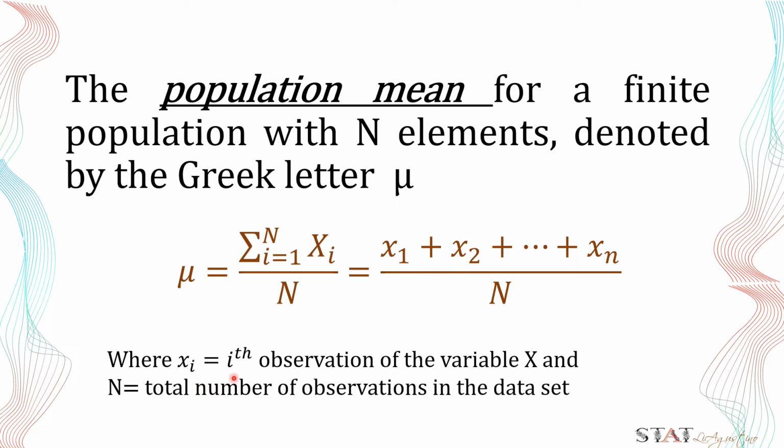Here xi is the ith observation of the variable x and N is the total number of observations in the data set.